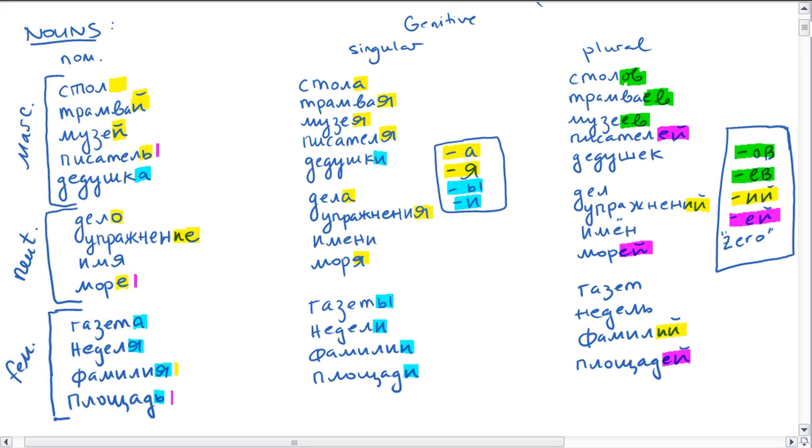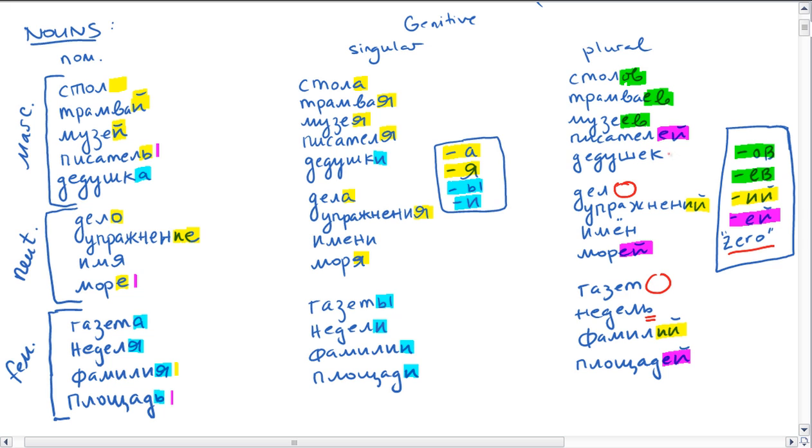And then all nouns ending in a or o, regardless of whether they're feminine, masculine, or neuter, right? Just all nouns ending in a or o are going to have what's called a zero ending, and that's where they just drop that a or o. So delo goes to del, gazeta goes to gazet, nedelya goes to nedel, and it keeps the sound of that soft ending, but it replaces it with a soft sign.